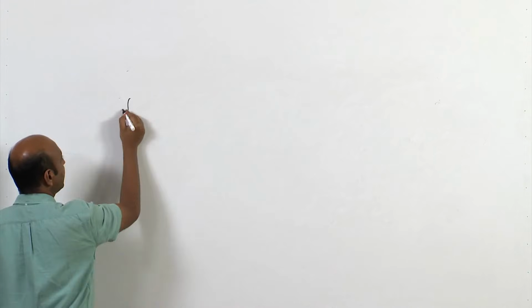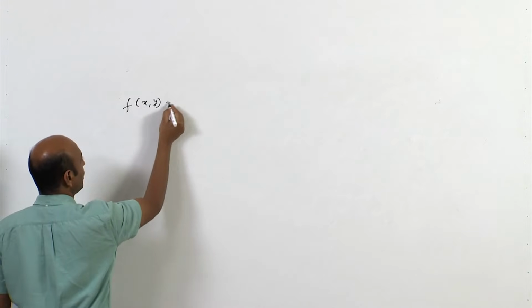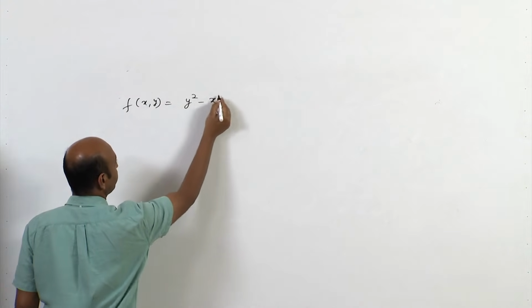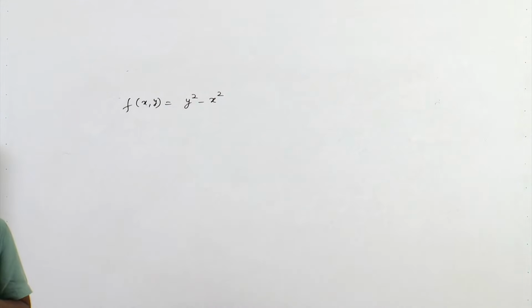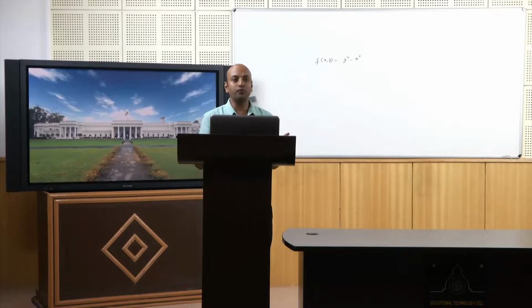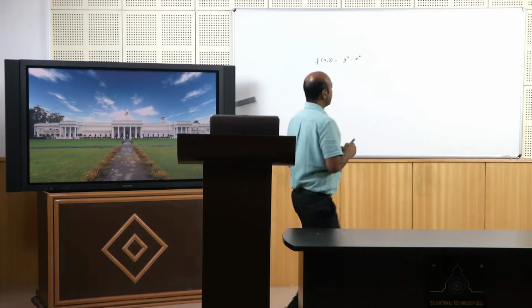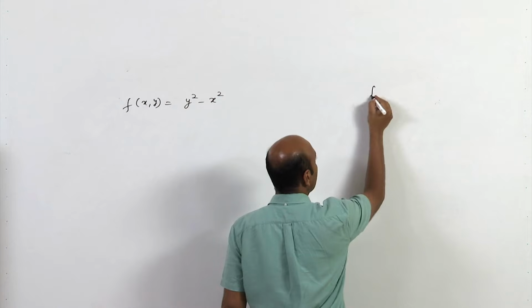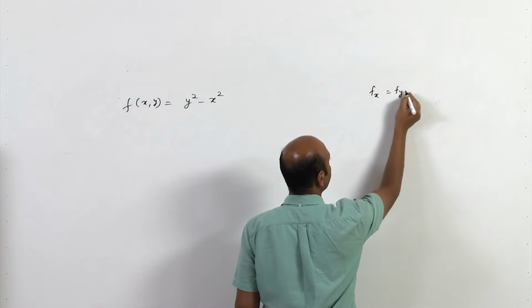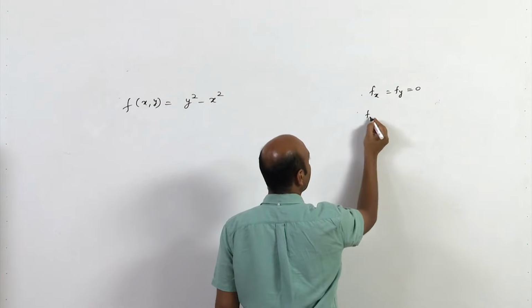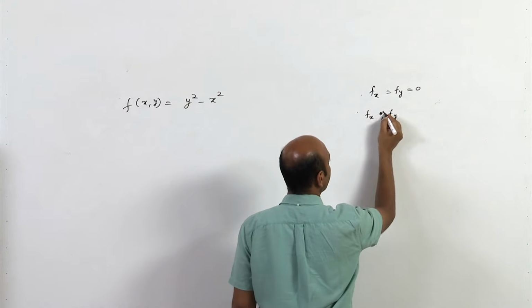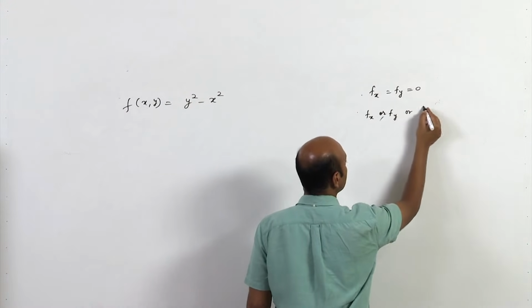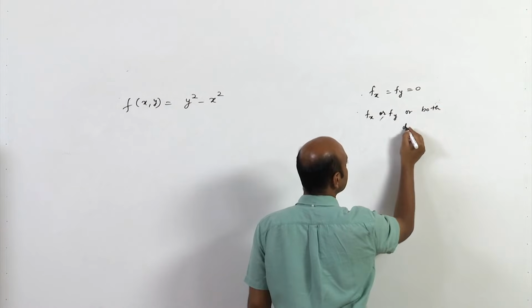So, f(x, y) is, suppose, y square minus x square. First of all, a saddle point is a critical point. So, first you find the critical point of this function. For a critical point, we have these conditions: either fx equal to fy equal to 0, or fx or fy or both do not exist.